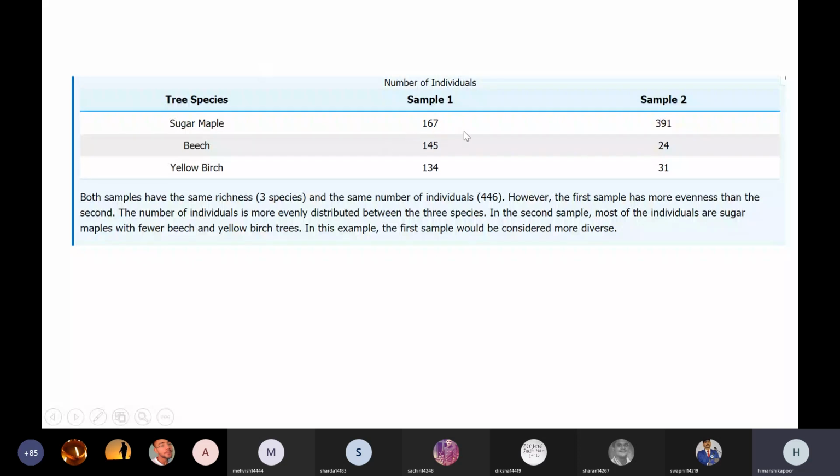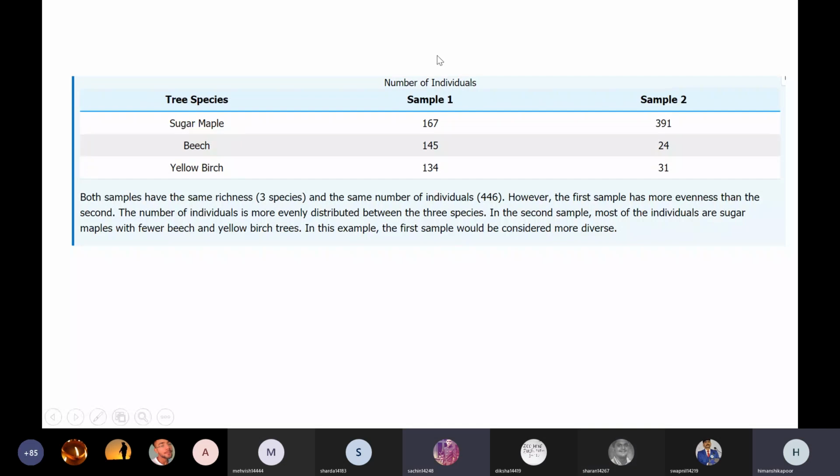You can see we have 3 tree species: sugar maple, beech, and yellow birch. In the first sample, the species are even, whereas in the second sample, the species are not that even. Out of these two, which will you consider more diverse?